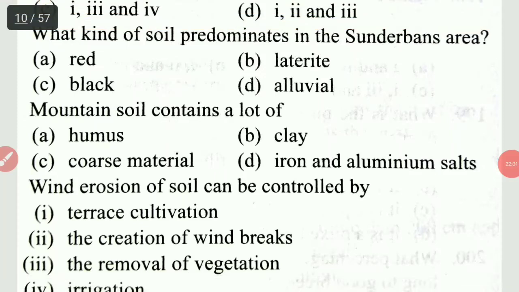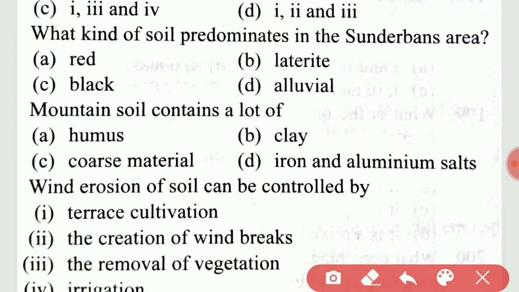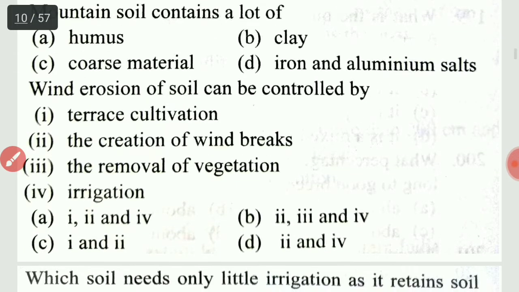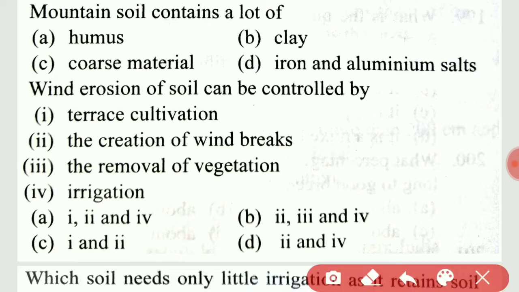Mountain soil contains a lot of option C, coarse material. Next, wind erosion of soil can be controlled by terrace cultivation, the creation of windbreaks, the removal of vegetation, irrigation.